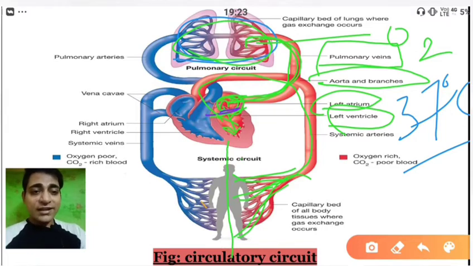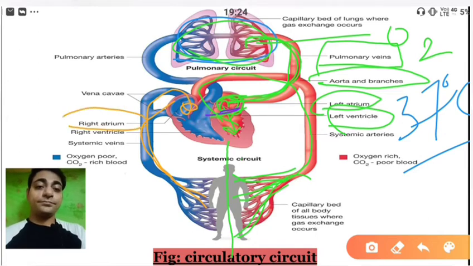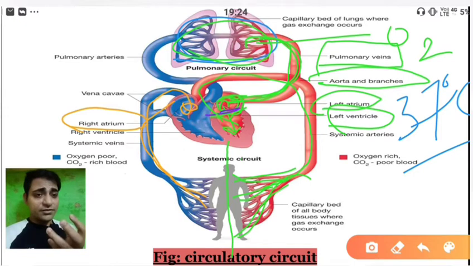So again, the vena cavas, the inferior vena cava and superior vena cava, will collect the deoxygenated blood from different organs and send it to the right atrium. Okay, now again the same phenomenon will happen. The right atrium will relax in order to receive the deoxygenated blood, and when it gets filled, it will push the blood towards the right ventricle, and then the tricuspid valve will be opened.